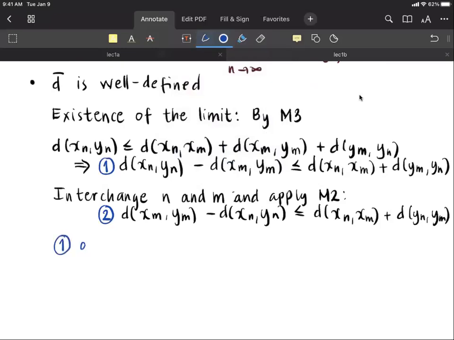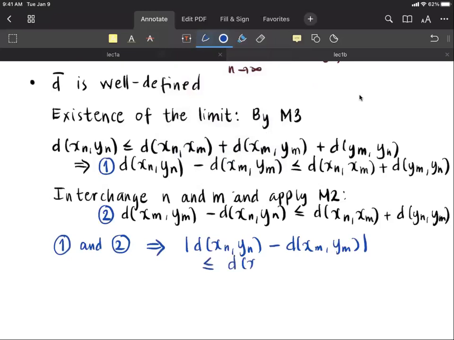When you combine 1 and 2, you get the following estimate. The absolute value of the difference of the distances between xn, yn, and that of xm and ym is less than or equal to the following sum.